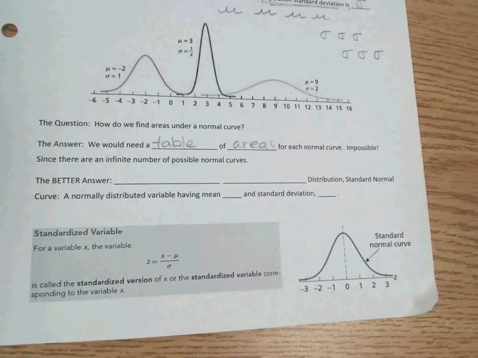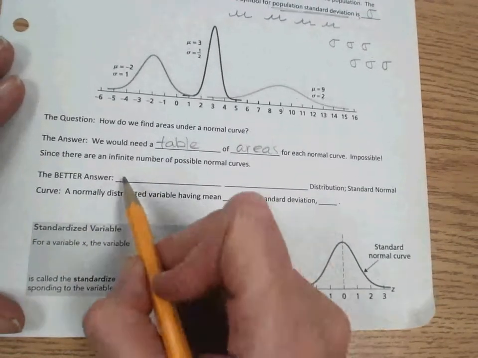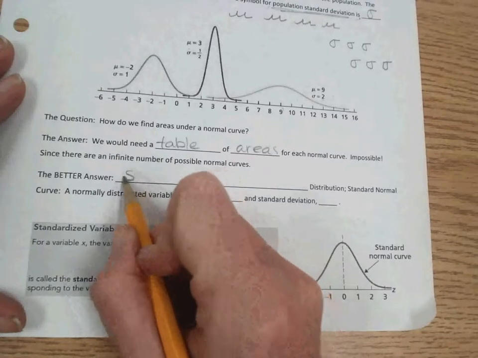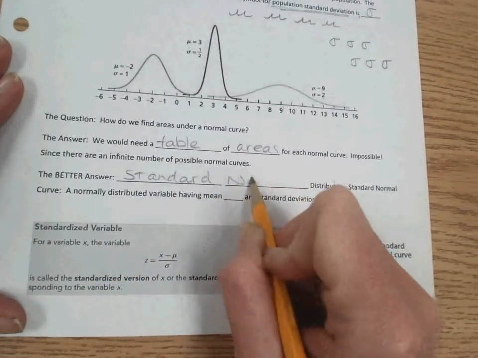It's impossible. You can think of all of the potential data sets from all times past, present, and future. There's just no way to have a table of areas for all possible normal curves. So instead, the better answer is to have a standard normal distribution.